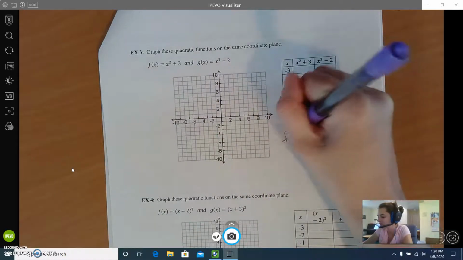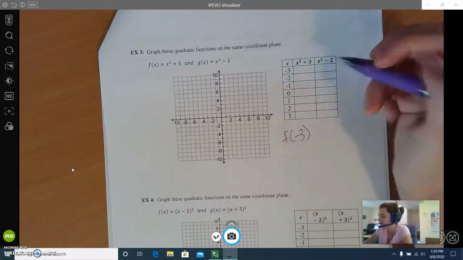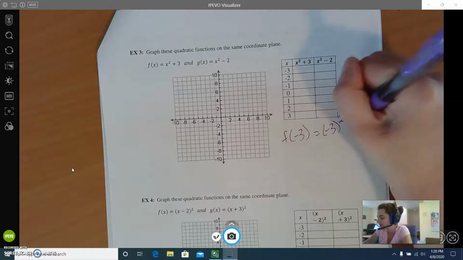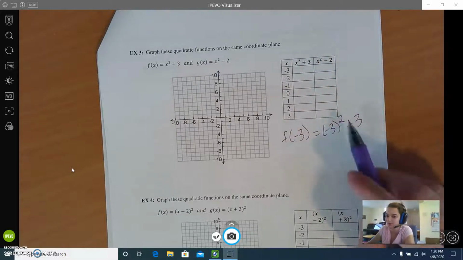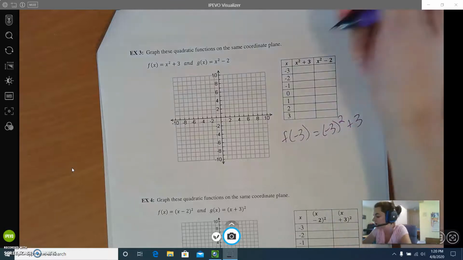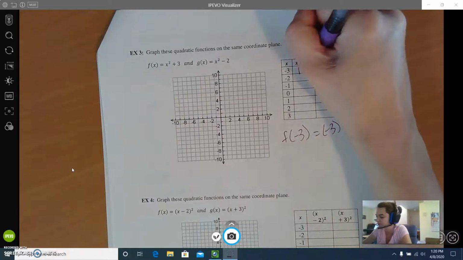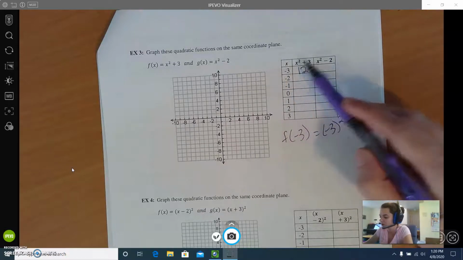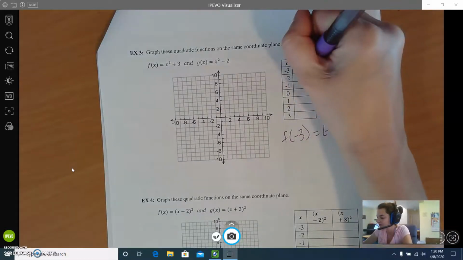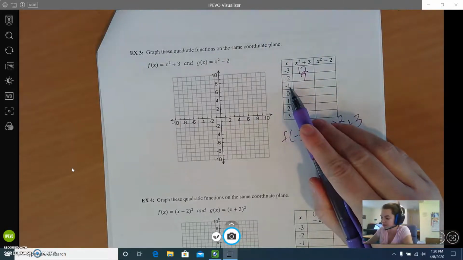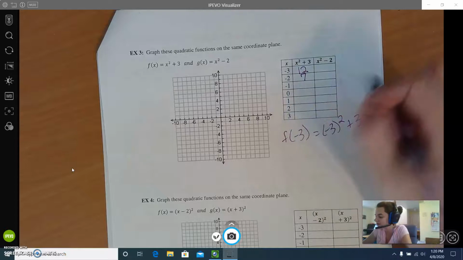So like f of -3, if I substitute that in, that would be -3 squared plus 3, and we'll see what happens. -3 squared would be 9, and 9 plus 3 would be 12. For -2, -2 squared is 4, and 4 plus 3 is 7. If x is -1, -1 squared is 1, 1 plus 3 is 4.